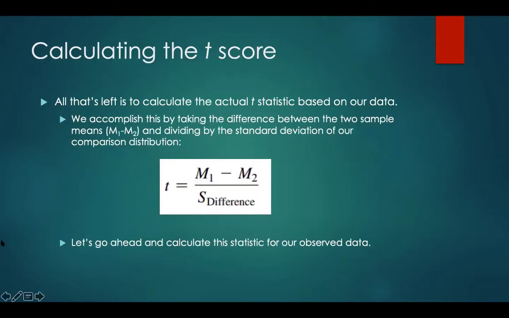Now all that's left is to calculate the actual t-statistic based on our data. And we accomplish this by taking the difference between the two sample means and dividing by the standard deviation of our comparison distribution. Now let's go ahead and calculate that for the observed data.